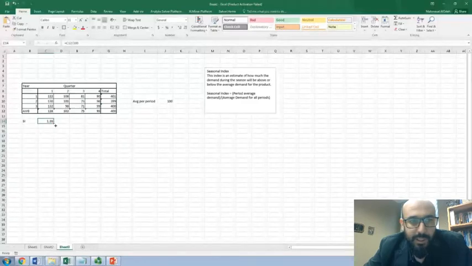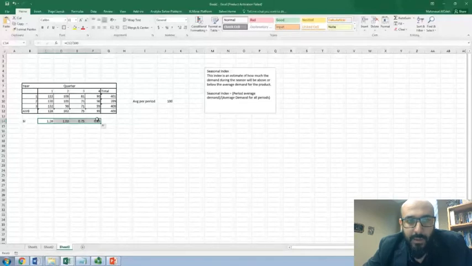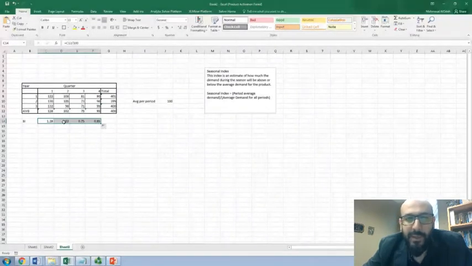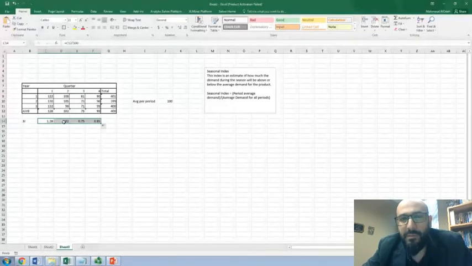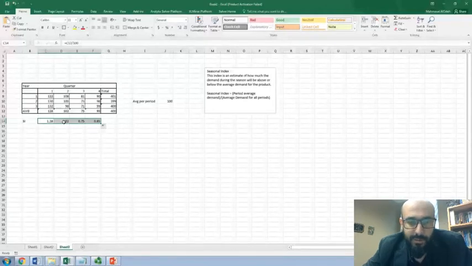Okay, we'll do the same thing for quarters 2, 3, and 4. Quarter 2, we'll see 1.02, which means that we're going to sell 2% more units than the average. Quarter 3, this is the slow season, we're going to sell 25% less than the average. Quarter 4, we will have 0.95 or 5% less than the average per period.